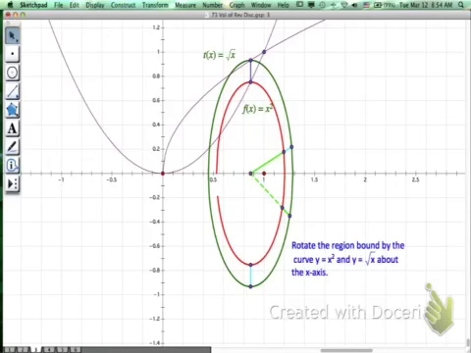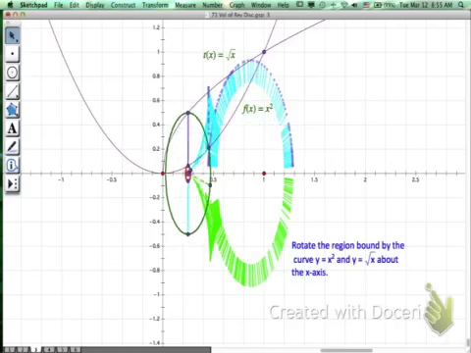Now, if we consider the rings that are formed, then these are now rotated around the x-axis. Notice it would look something like that, on the bottom like that. So we get a full ring coming up both off the page and below the page.